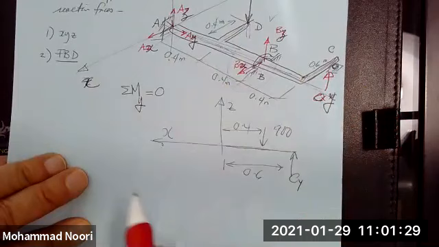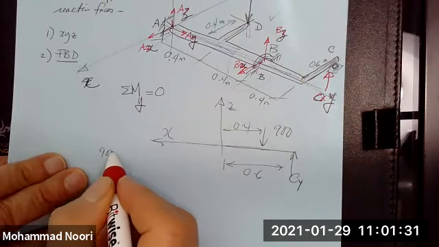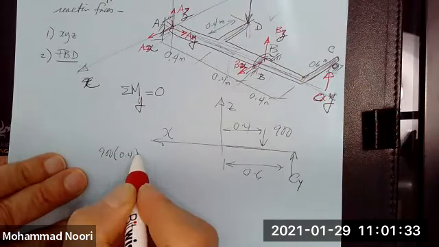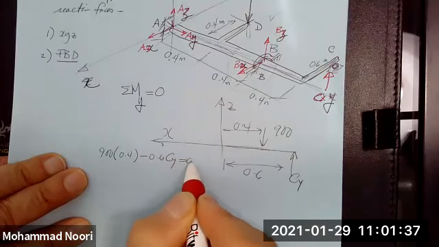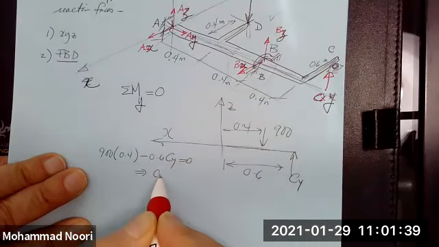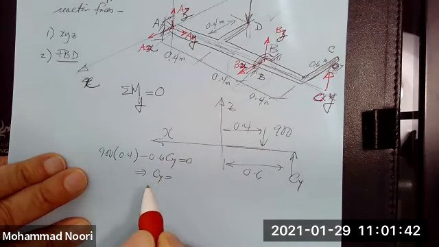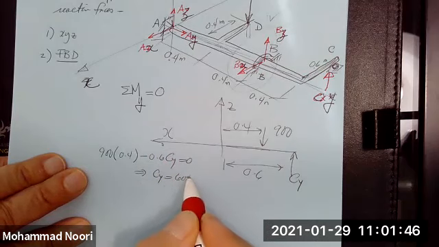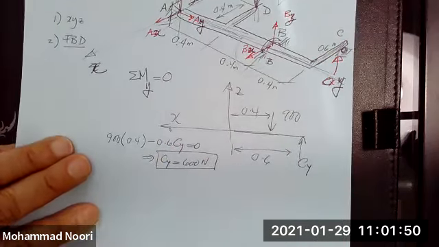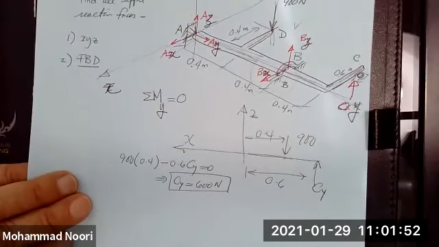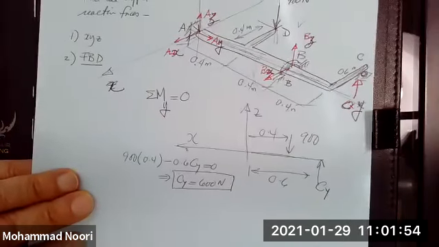So I have just 900 times 0.4, which is positive, minus 0.6 times CY, which is negative. That'll give me immediately CY. That comes out to be 600 Newton. See, the problem is very easy. This is the way these exam problems go.